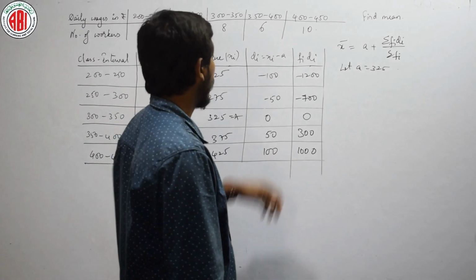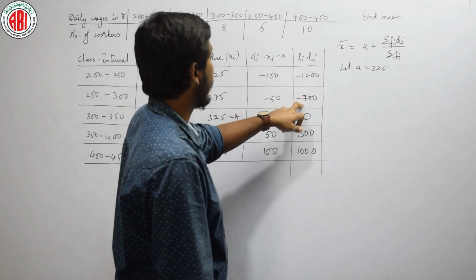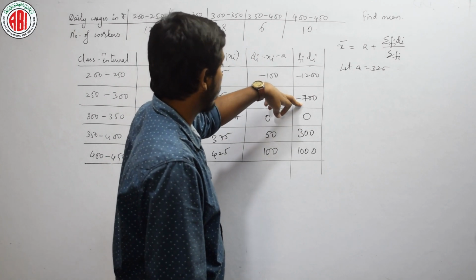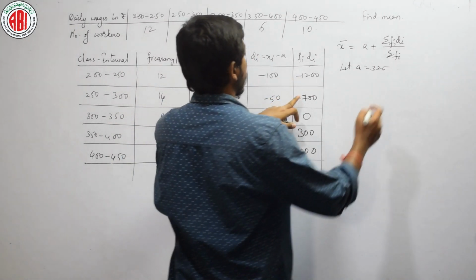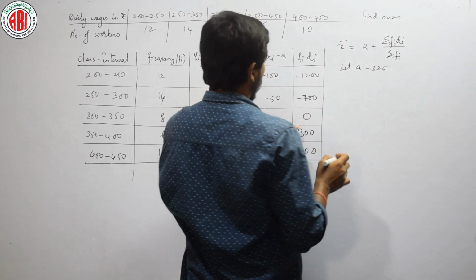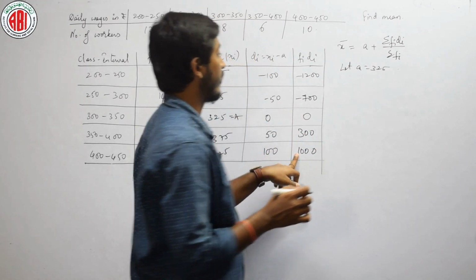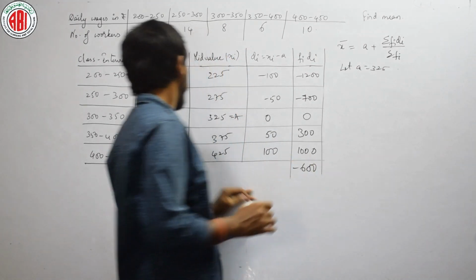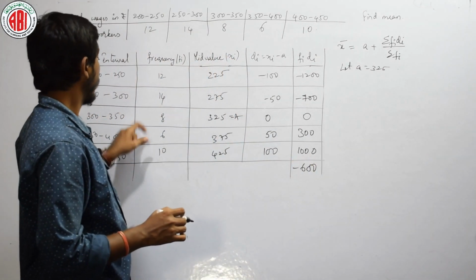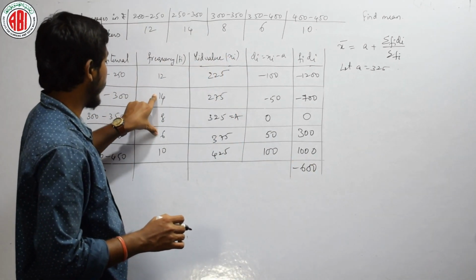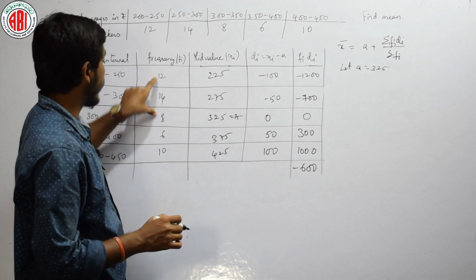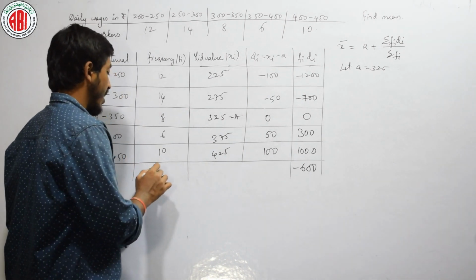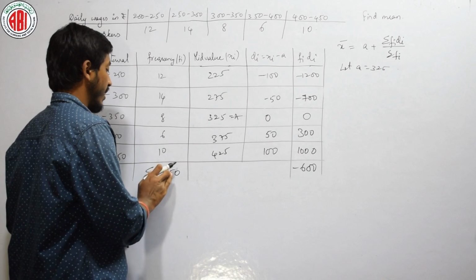Summation fi di is minus 1900 plus 1300, which is minus 600. Summation fi is 12, 14, 8, 6, 10, which adds to 50.